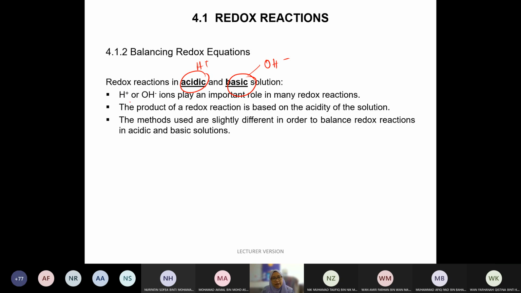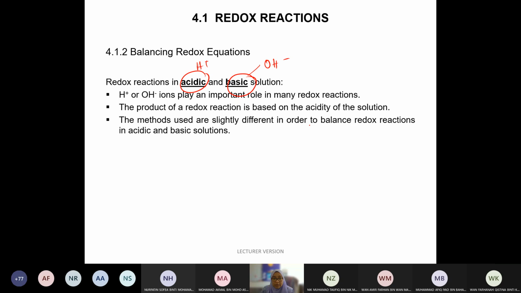So H+ or OH- ions play an important role in many redox reactions. The product of a redox reaction is based on the acidity of the solution. Many times, for the redox reaction to take place, the pH of the solution is very important, as in whether it is acidic or basic.